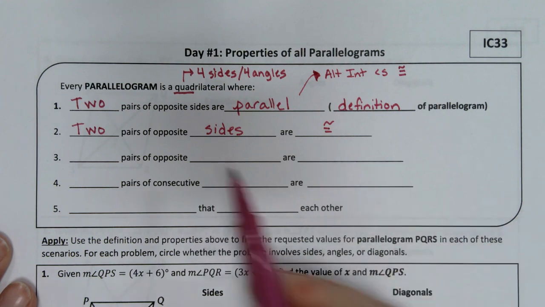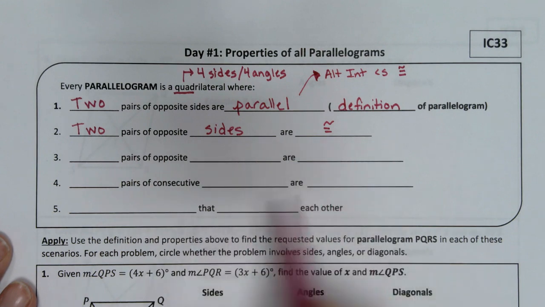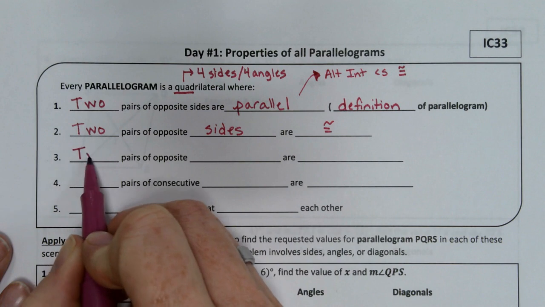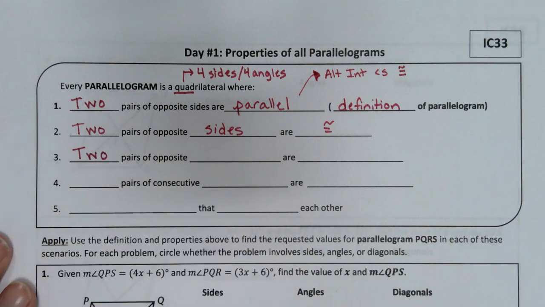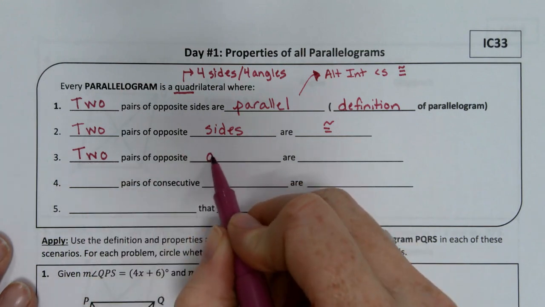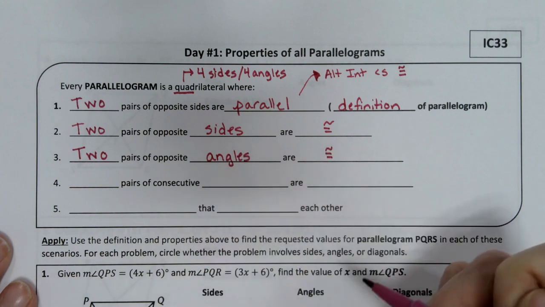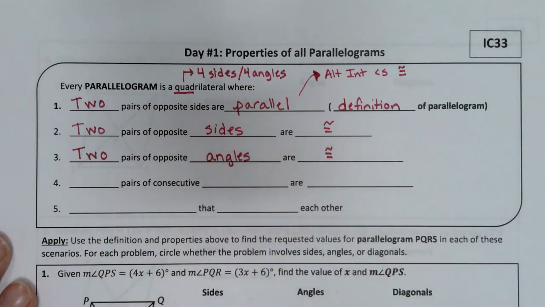So if you're interested in understanding the proof for why that's true, make sure that you let your teacher know. Or you can go on YouTube, search Proofs for Parallelogram Properties, and they'll be able to fill you in on the details for why. Another thing that happens is that 2 pairs of opposite angles end up being congruent. Again, thanks to congruent triangles and CPCTC.